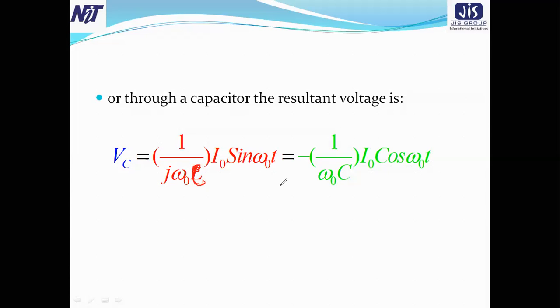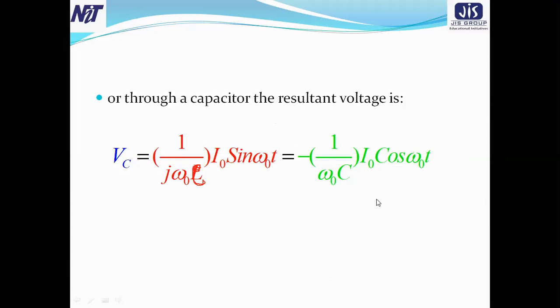That means the AC current is flowing through a capacitor. Then what will happen? Minus 1 by omega 0 C times I0 cos omega 0 t. So sin omega 0 t is converting to cos omega 0 t, since 1 by j is minus j. So the phase is advancing in this case also.